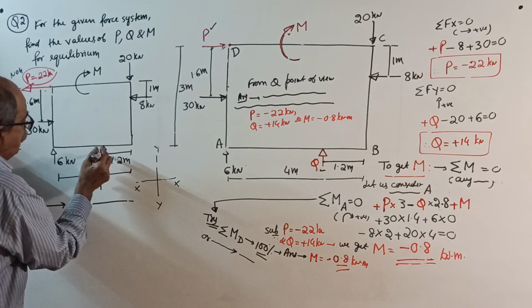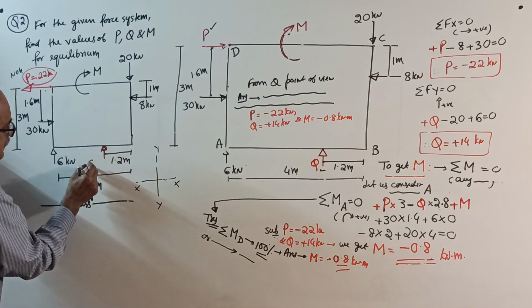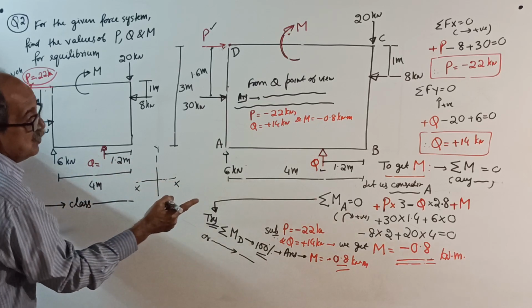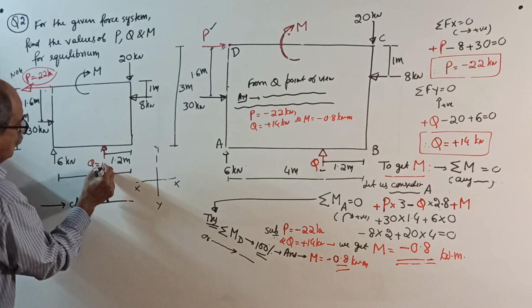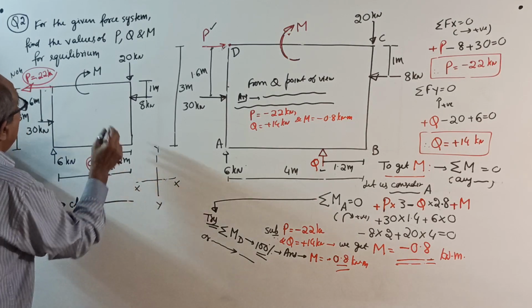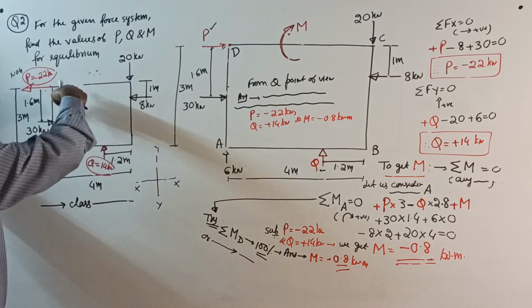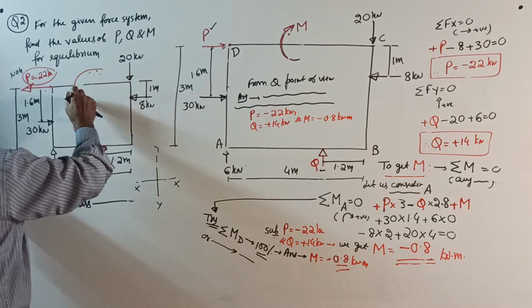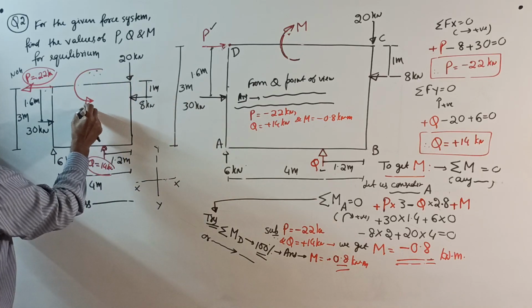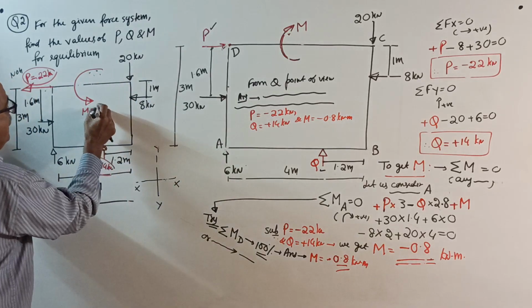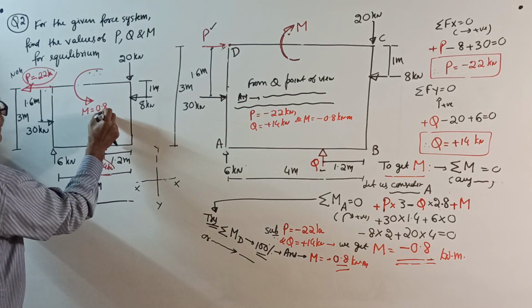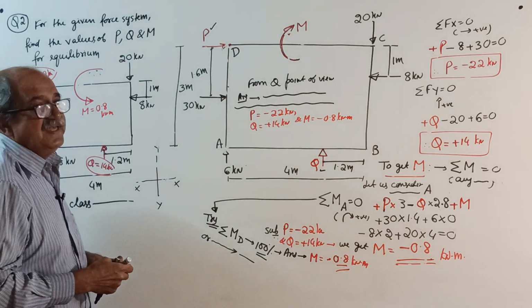Q you took upwards, and it came positive, equal to 14 kilonewton, no plus or minus now. And M you took clockwise, negative came, so anti-clockwise, that couple M equals 0.8 kilonewton meter. That is the meaning of signs there.